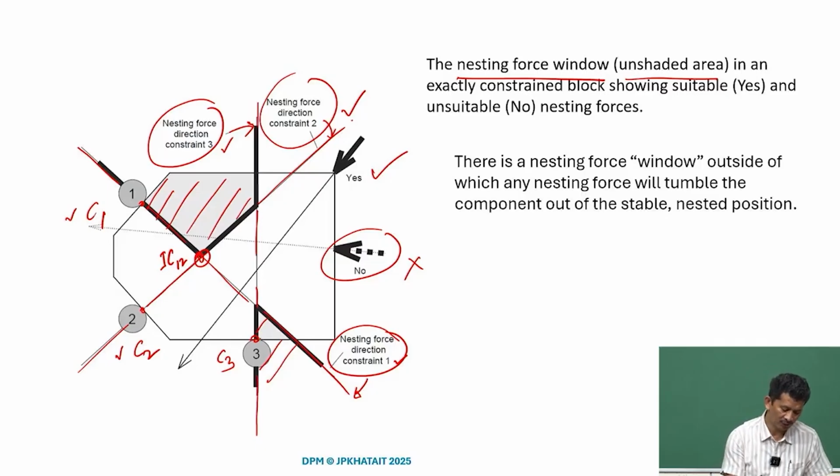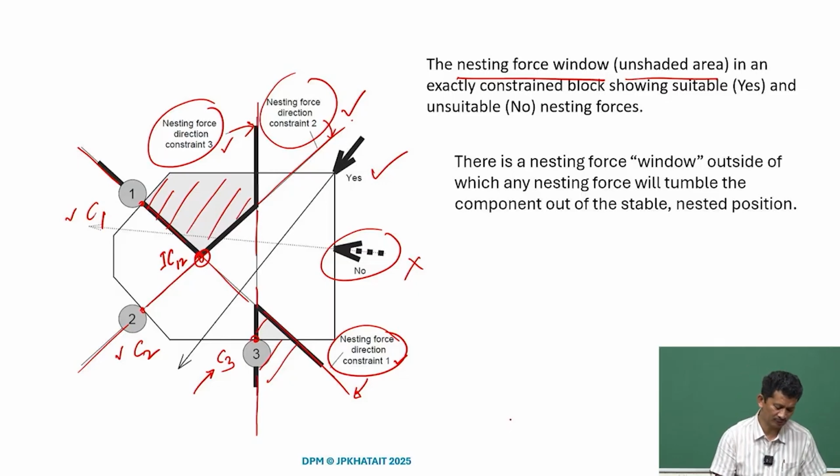So, if we want to have contact with post 3, or want to make contact C3, then whatever force we are applying, any nesting force we are giving, the moment at IC 1 2 should be such that it will try to make positive contact with post 3.